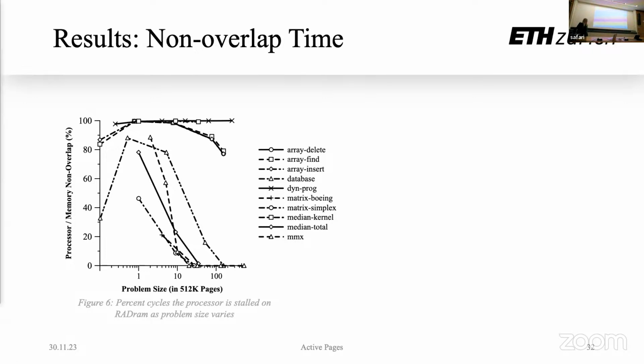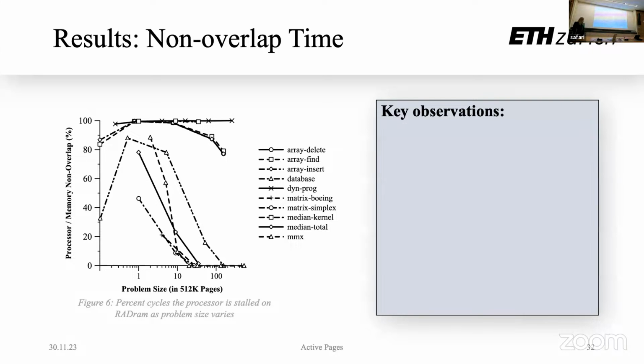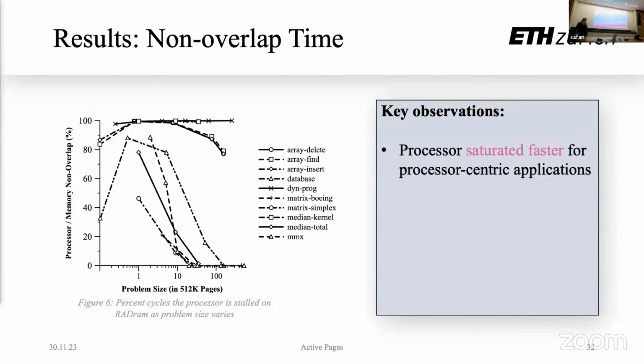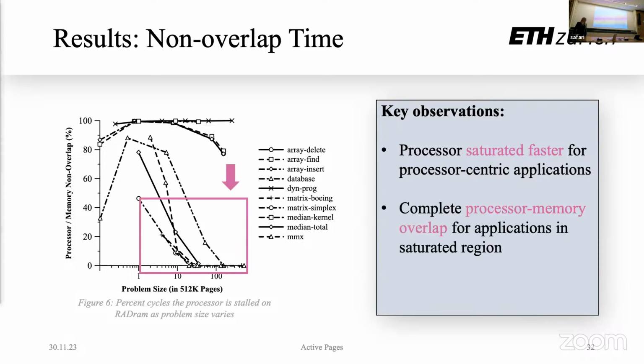So three key observations can be made about this graph. First, the process-centric applications reach the complete processor memory overlap much faster than memory-centric partitioning.